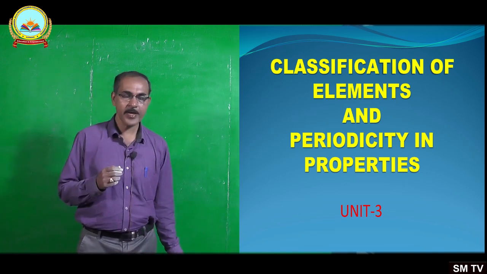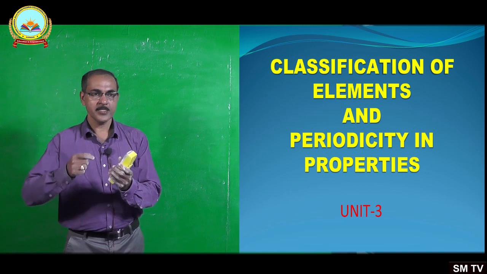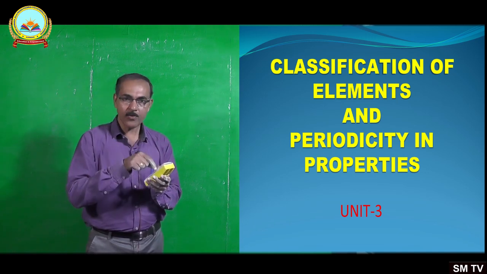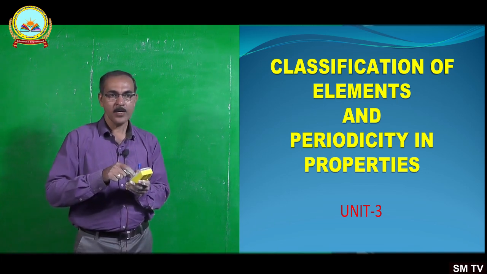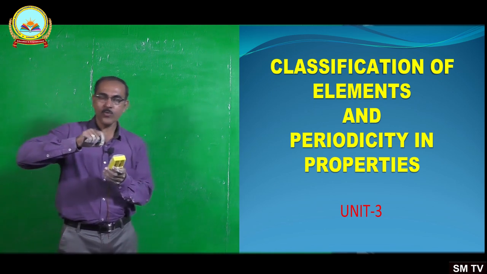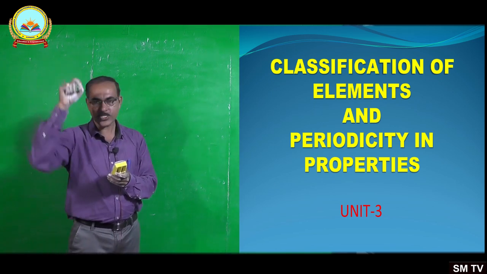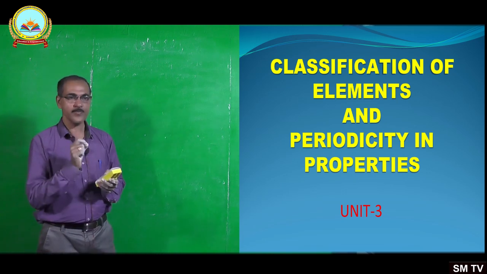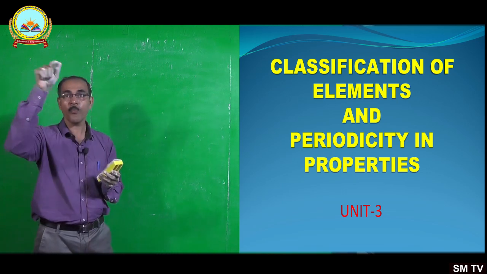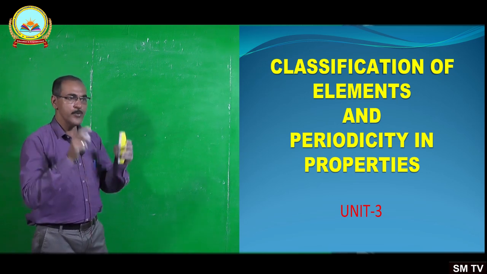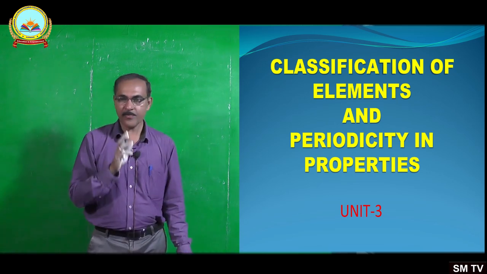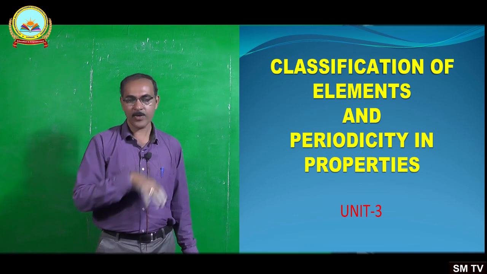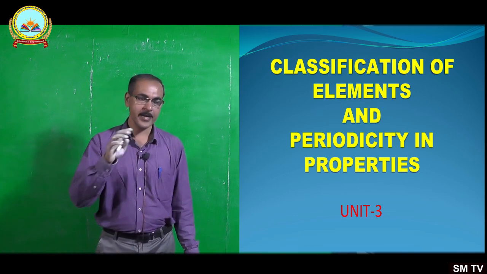What do you mean by ionic radius? It is the distance from the center of the nucleus to the point up to which the nuclear charge has influence on its electron cloud.